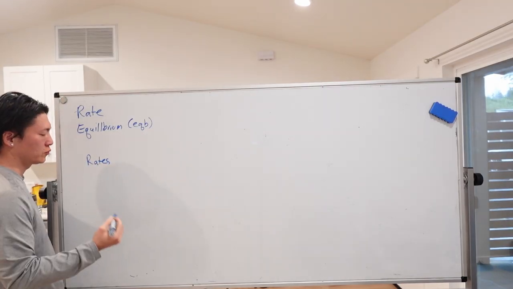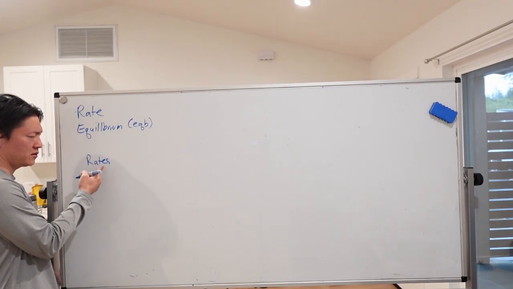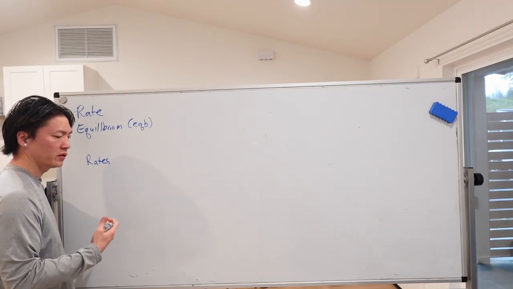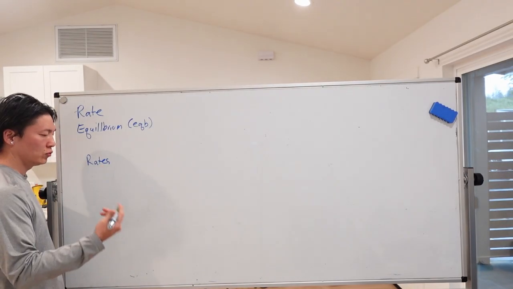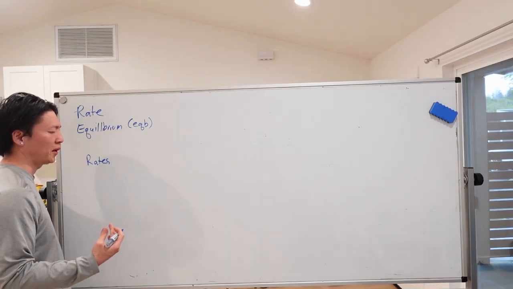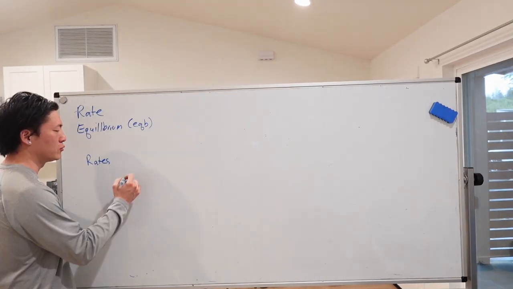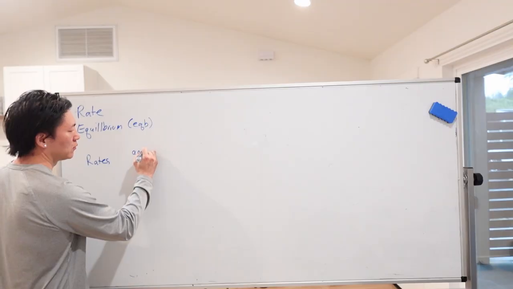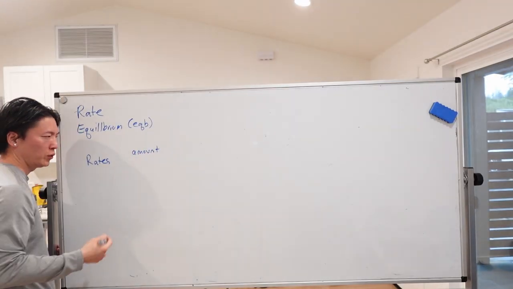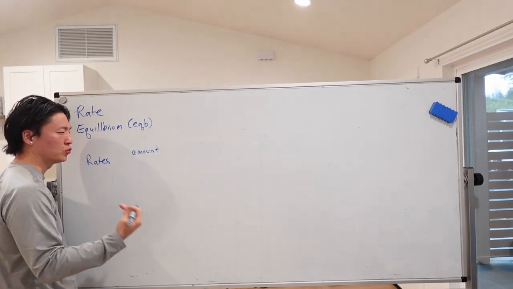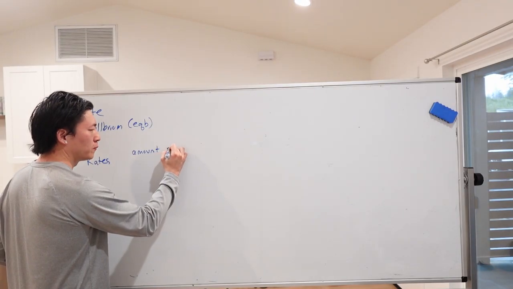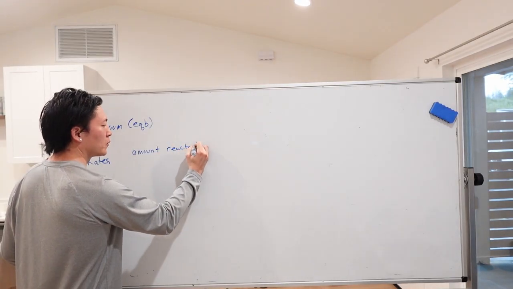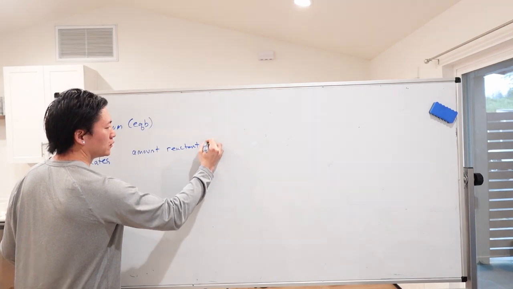And in rates, usually we want to see, it's a rate, so something that happens over time. And always we're talking about the amount, okay, the amount. We know what an amount means. It's usually an amount of a reactant or product.